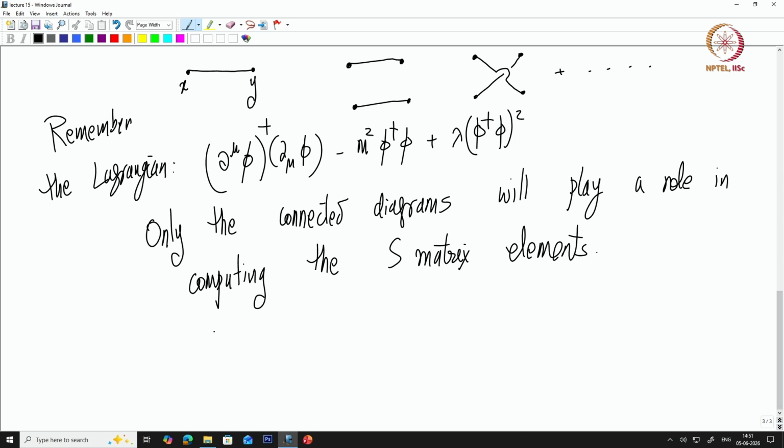Before proceeding through Wick's theorem and going through something called the LSZ reduction formula, I just want to give you a flavor, like I promised, of how to use Feynman diagrams.